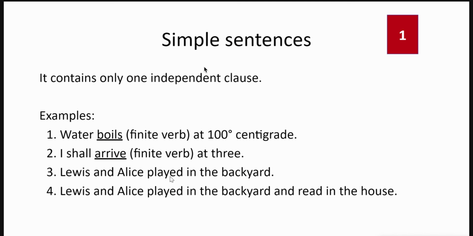Walaupun kata kerjanya satu, play. Yang nomor 4, Louis and Alice play in the backyard and read in the house. Kita sebutnya ini compound verbs, play and read. Tapi dia termasuk dalam kategori yang satu, independent clause. Tidak bisa dipecah.